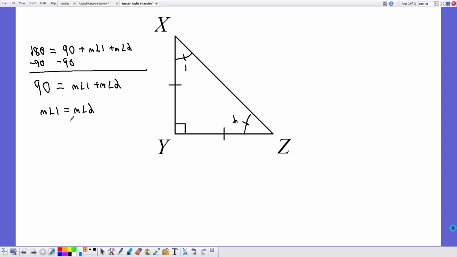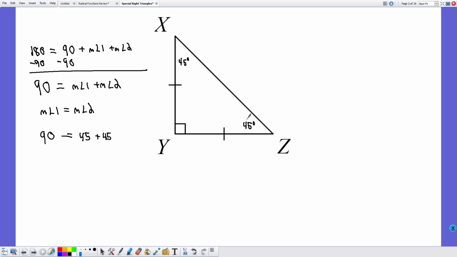Angle 1 and angle 2 would both have to be 45 degrees, because 45 plus 45 equals 90. So we can determine precisely what these two angles are in any isosceles right triangle. These two angles are always 45 degrees. So that's an interesting property.